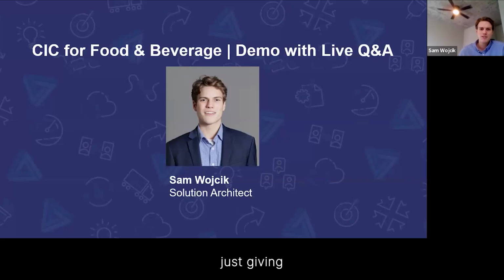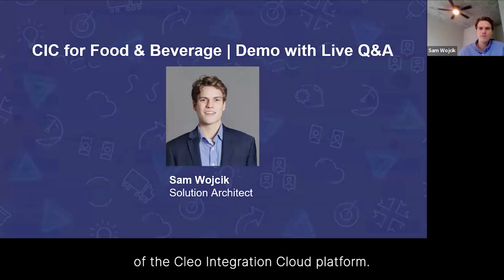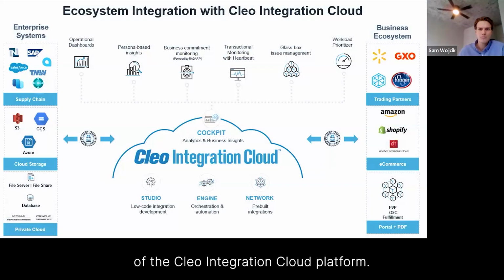I first want to start by just giving a quick overview of the Cleo Integration Cloud platform. The Cleo Integration Cloud platform is really that end-to-end ecosystem integration solution that can be used for really any B2B supply chain purposes. For any of our existing customers as well, this solution encapsulates all of our data movement and data translation capabilities.